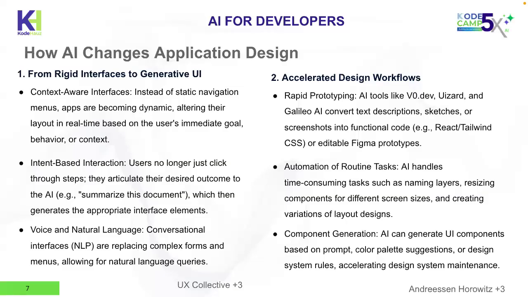I don't think we've gotten to that point yet here, but this is definitely something that is happening, right? Others are thinking about designs that are more fluid, more dynamic, layouts that change depending on the immediate thing the user wants to do.